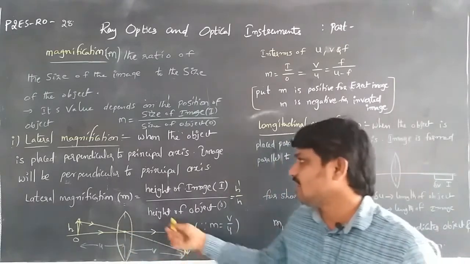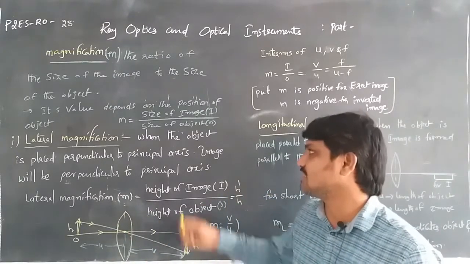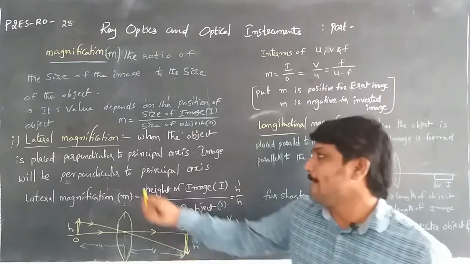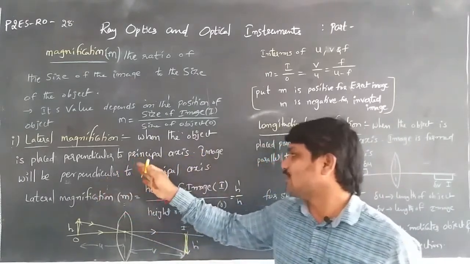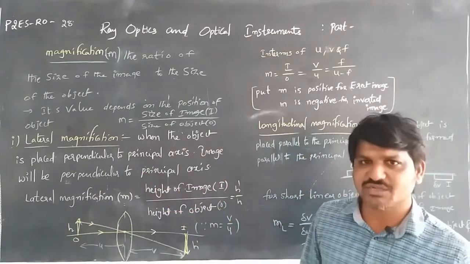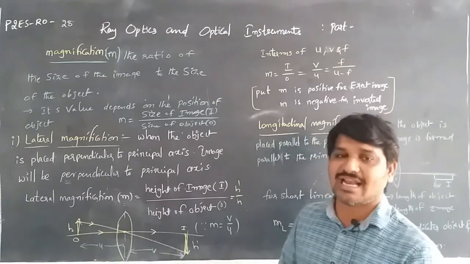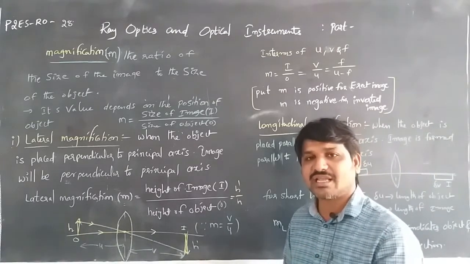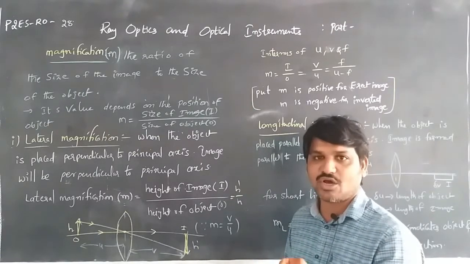So this is called lateral magnification. Whenever the object is placed perpendicular to the principal axis, the image will be perpendicular to the principal axis. Lateral magnification depends on the height of the image. So lateral magnification means the ratio of the height of the image to the height of the object.